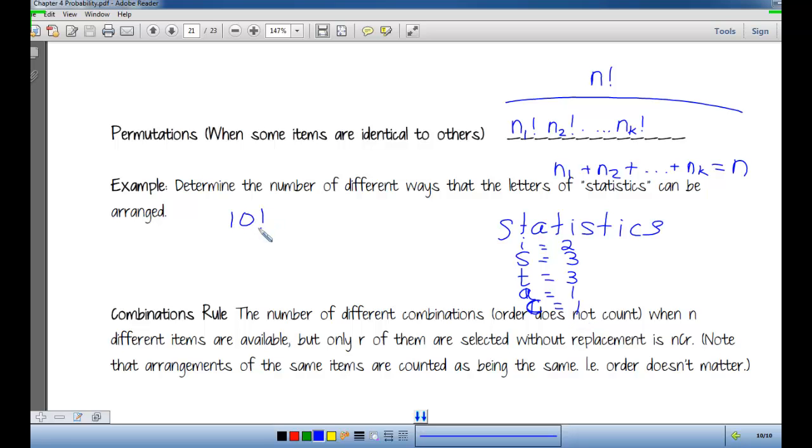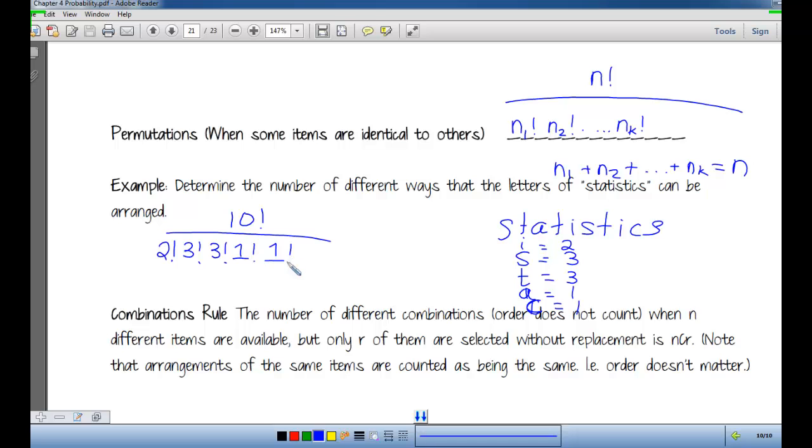I counted 10. So it's 10 factorial over 2 factorial, 3 factorial, 3 factorial, 1 factorial, if you want to be technical, and 1 factorial.